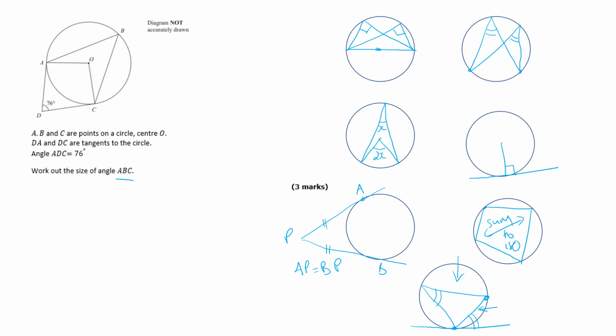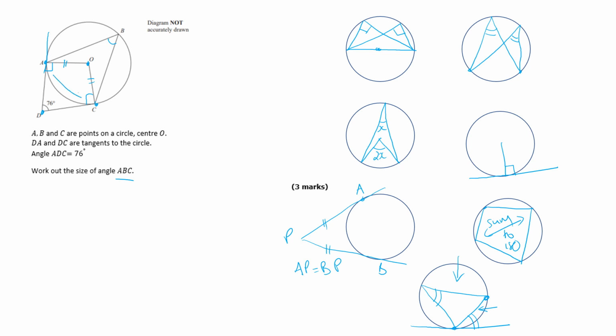In this question, we're trying to work out ABC, which is this angle here. Always look out for some radius because this is the center O. When you have a tangent meeting a radius, that's going to be 90 degrees. Now, even though the four corners of this quadrilateral are not inside the circle, it's still a four-sided shape, and the angles inside a four-sided shape add to 360.